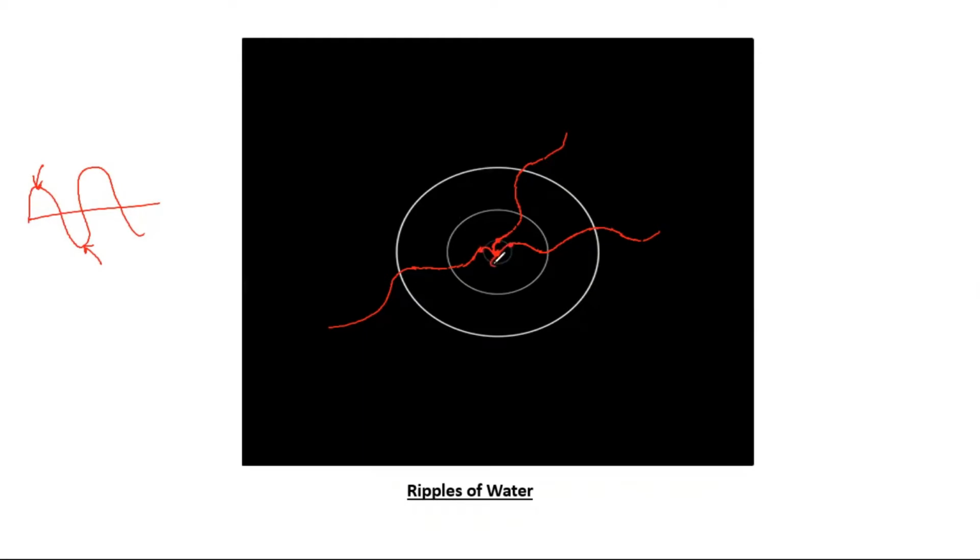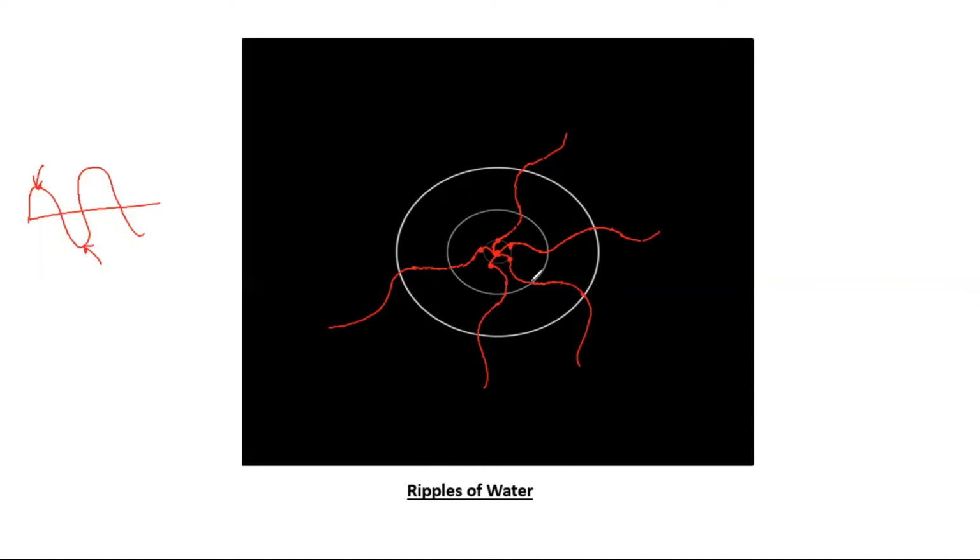If I draw another wave here, this is again a maximum displacement, and another wave gives another maximum displacement point. These are all crest points, and if you join all these crests, you will see a circle. This circle is made by joining the crest points of different waves.